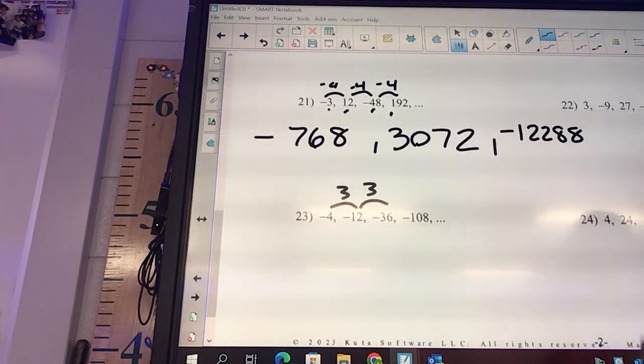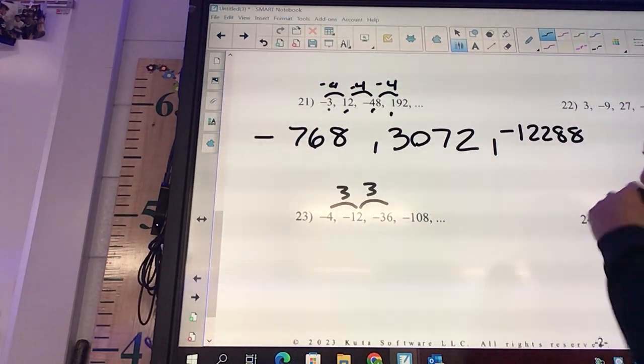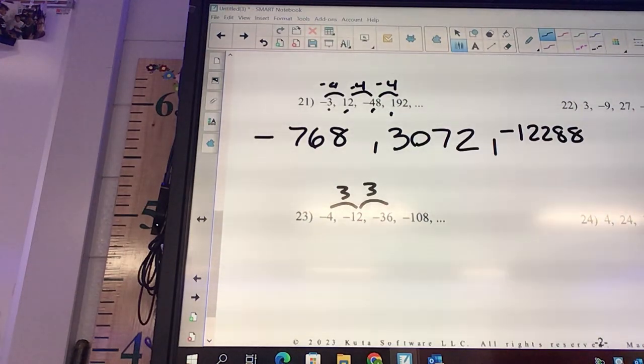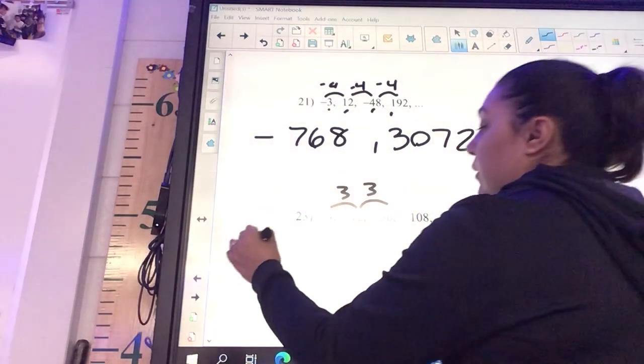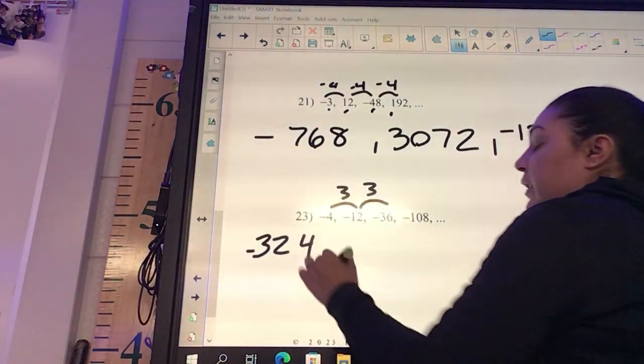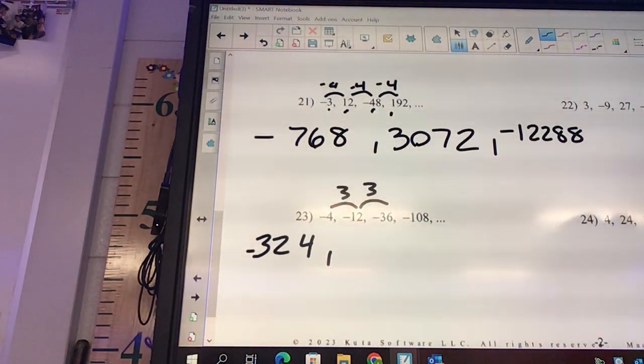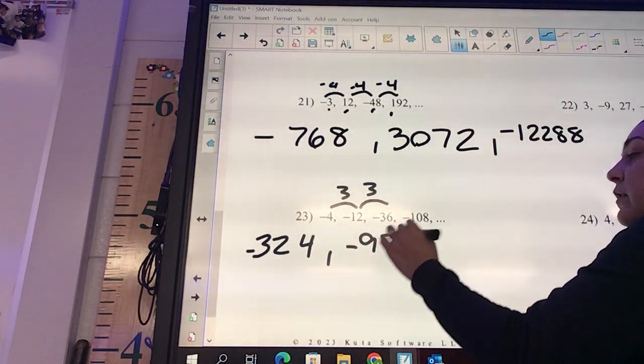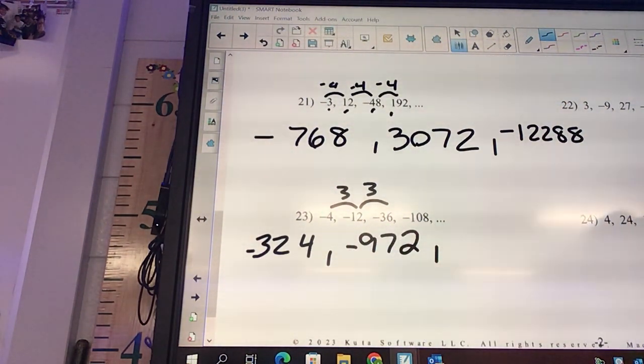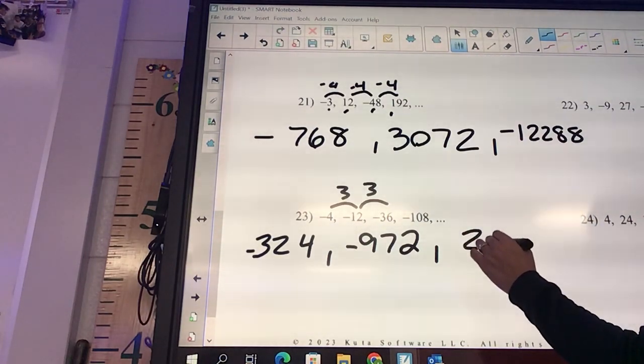Negative 36. Okay, so we're multiplying by positive 3 every time. Okay, so negative 108 times 3. Negative 324. Good. What's the next one going to be? Negative 972. And the last one.